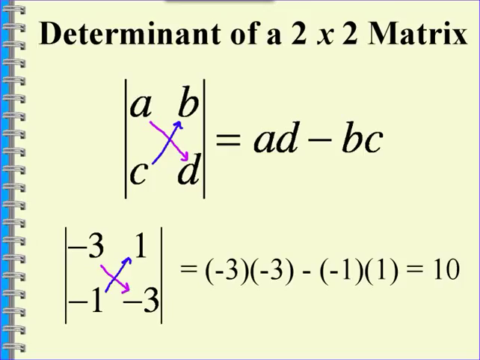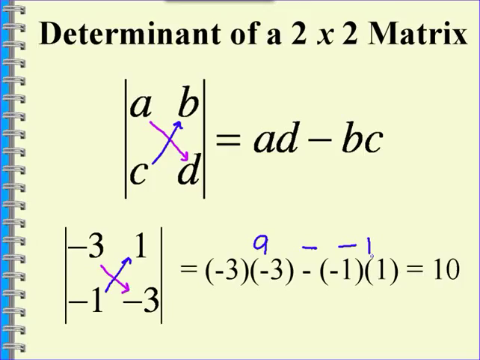Does the order matter? If it's B times C, then why does it show C times B? It's the same thing. You could view it as DA minus CB. It's basically just the numbers along that diagonal. Negative 3 times negative 3 is 9, minus negative 1, which in fact is 10.